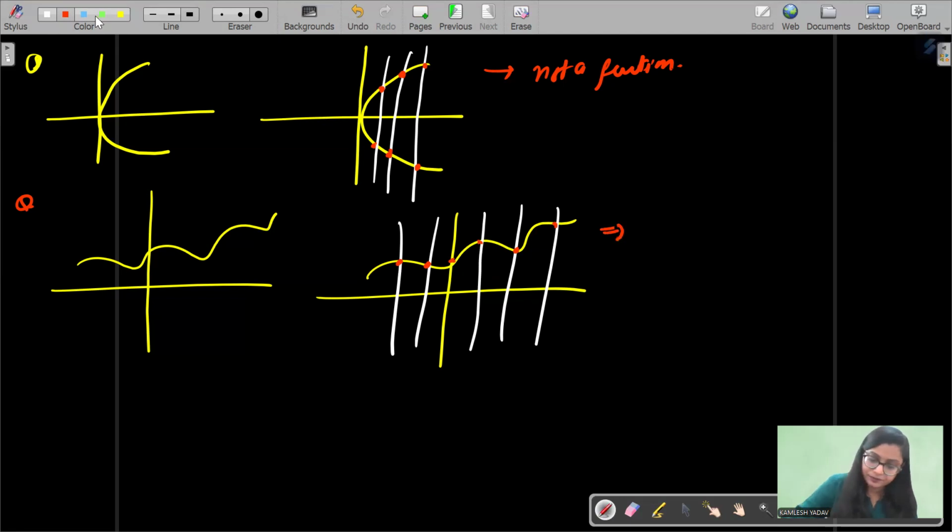It means it is a function. So here we see in graphical representation how to say whether the given graph is a function or not. Now we can see the next topic.